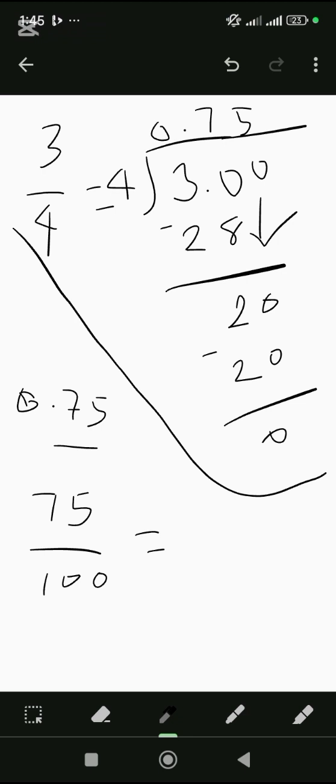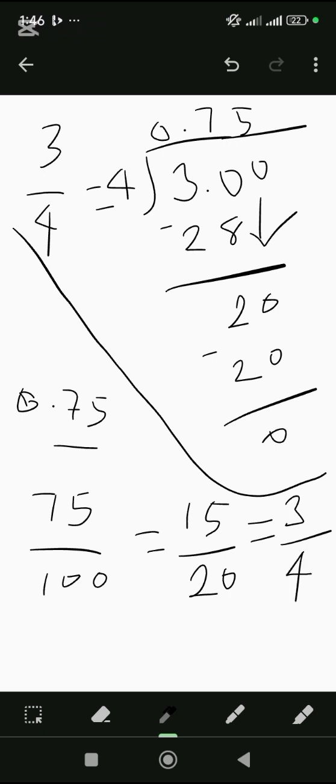How many 5s do we have in 75? 15 5s in 75 and 20 5s in 100. Let's look at this again. Can we further divide this? Yes. How many 5s do we have in 15? We have 3. How many 5s do we have in 20? We have 4. And this has brought us back to 3 over 4, which is what we are looking at. Alright? So we can do this back and forth.